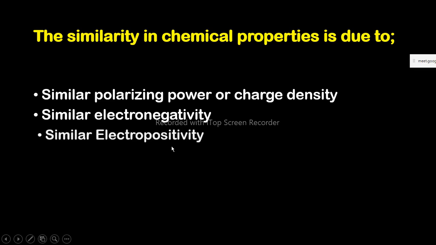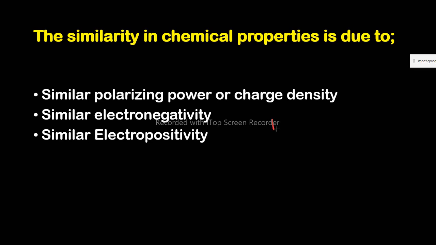Then similar electropositivity: if electropositivity increases down the group and decreases across the period, diagonally it cancels out. Those two effects cancel out, such that elements, for example lithium and magnesium, have similar electropositivity.